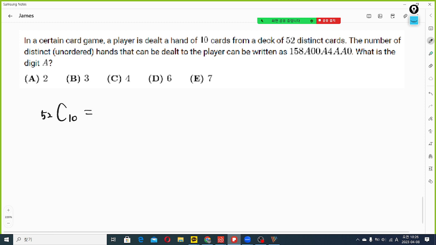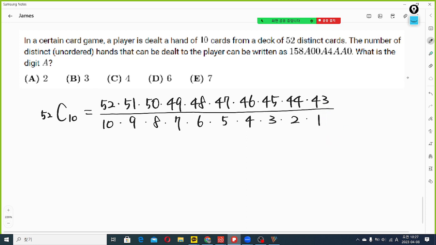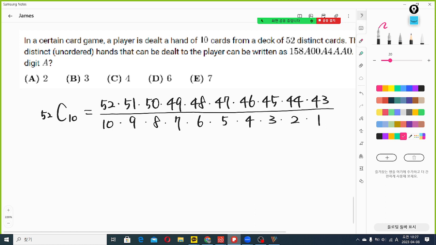This means we are multiplying 10 numbers starting from 52 in decreasing order, and we are dividing the product by 10 factorial. So we can simplify the fraction.